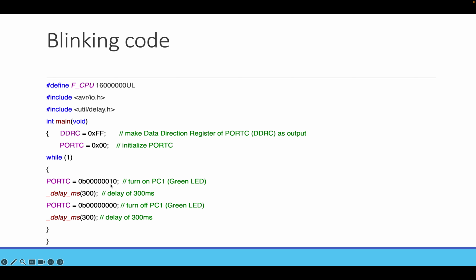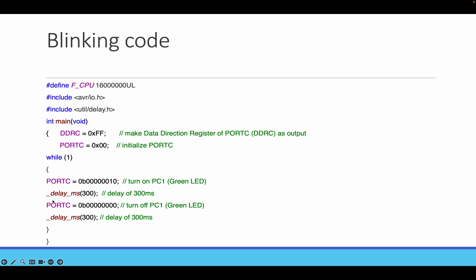If we number the places of the port, you will see this is place 0, place 1, 2, 3, 4, 5, 6, 7. So we have an 8-bit register, which represents port C from bit 0 to bit 7. So we put a 1 on PC1, which is bit 1, to make the LED turn on.